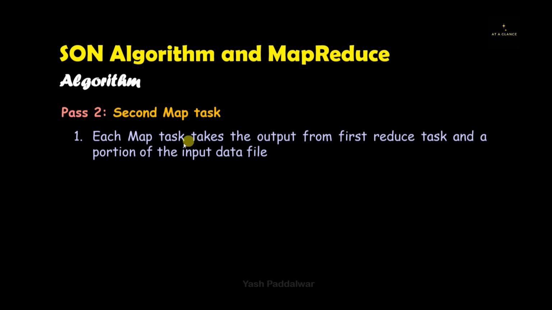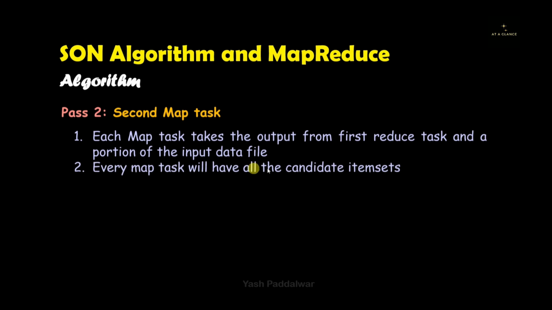This is nothing but a random portion from the entire input data file that we have got previously. This is just to validate whether the frequent item sets are actually frequent. This portion of the input data file can be another chunk also. Note one thing, that every map task will have all the candidate item sets that were taken as an input from the previous phase.